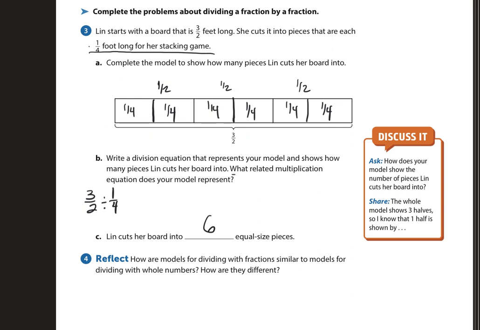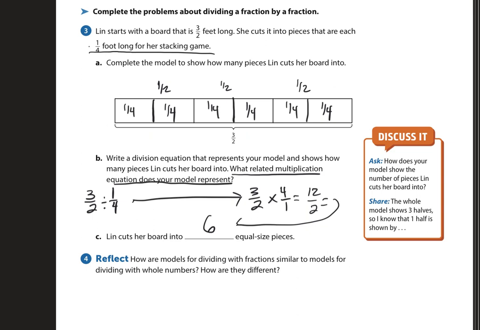And in the second question, it wanted to know what related multiplication equation does your model represent? Well, that is where what we've already learned, keep, change, flip, happens. 12/2 equals the 6 pieces that we found. Hopefully y'all remember what I said about writing down everything that I draw.